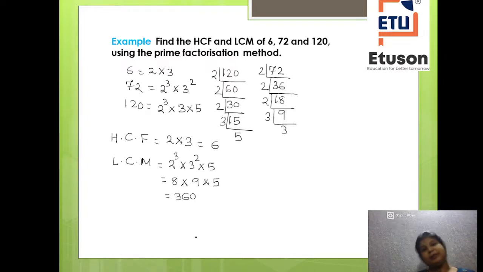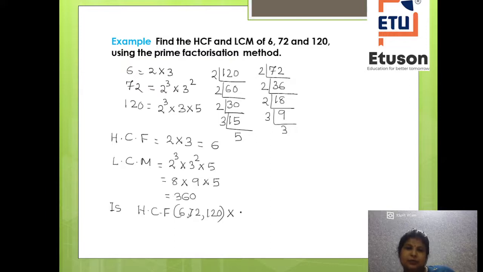Now one more thing I would like to tell here. Just check, you yourself check. It's a question for you. Check whether the HCF of 6, 72 and 120 into the LCM of 6, 72 and 120 is equal to 6 into 72 into 120.